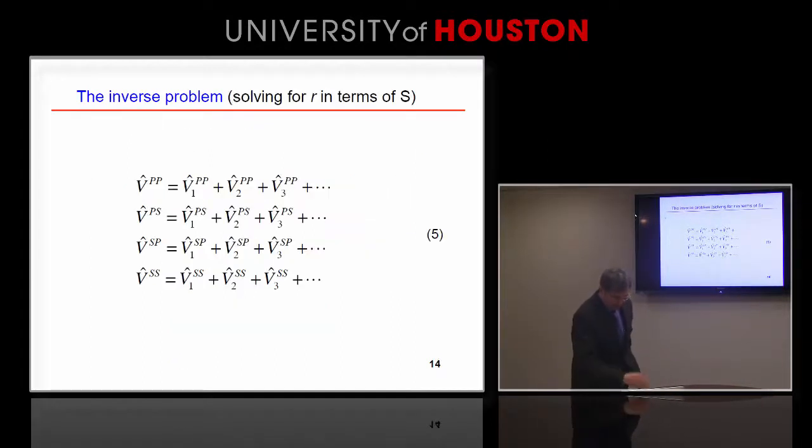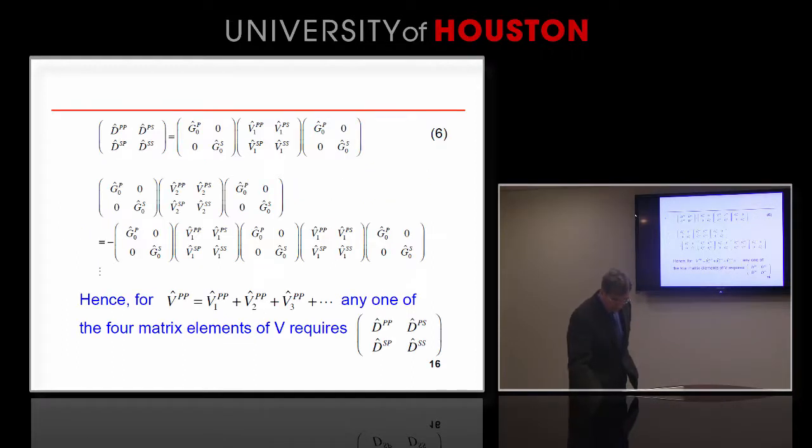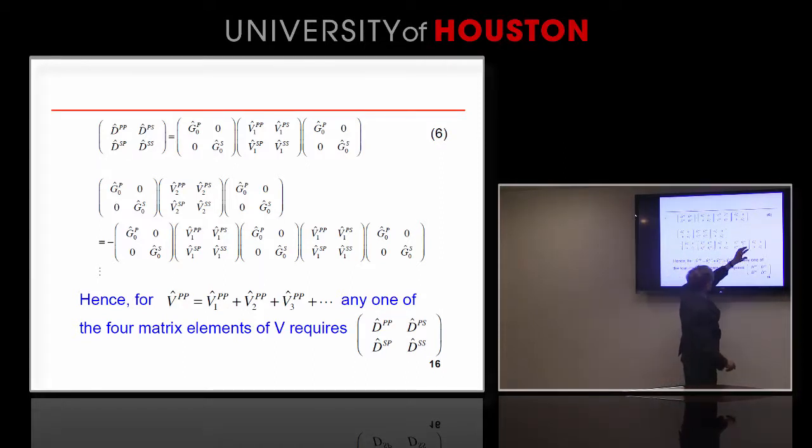The inverse series in this same form, with these operators V as written out here in space and frequency. You have this forward series. This is now the inverse series. Data is G0, V1, G0. It's matrices. The second term in the inverse series, G0, V2, G0, is G0, V1, G0, V1, G0.